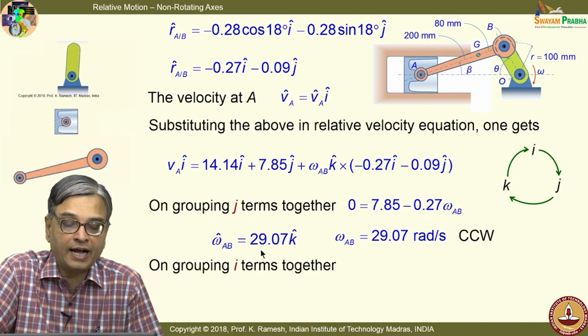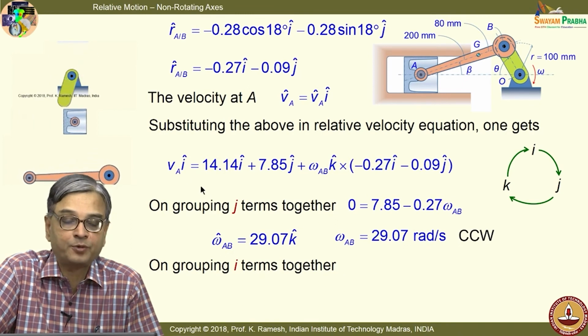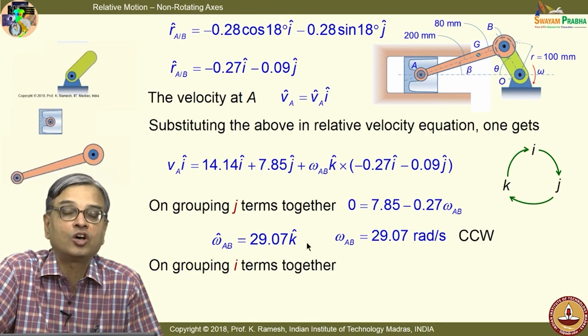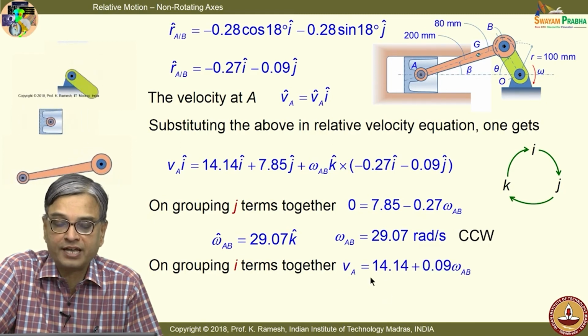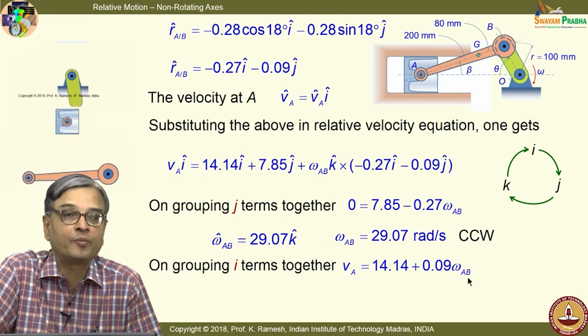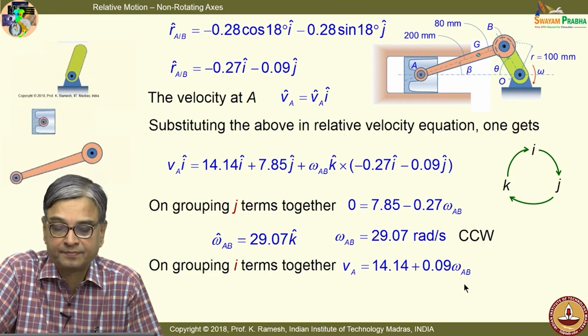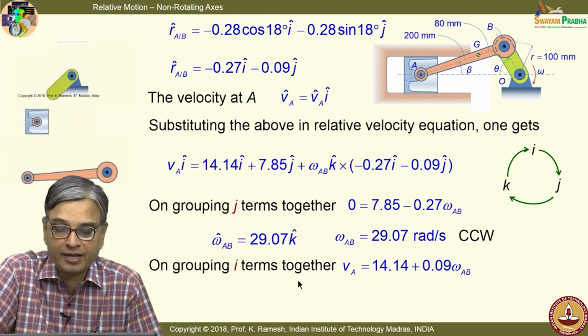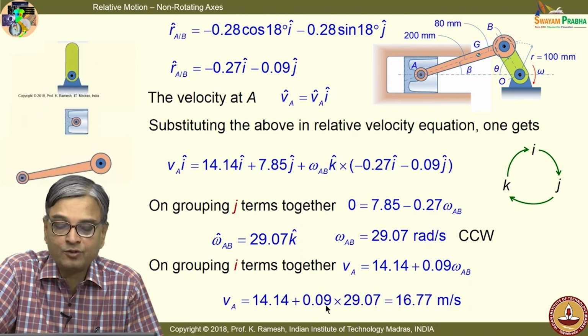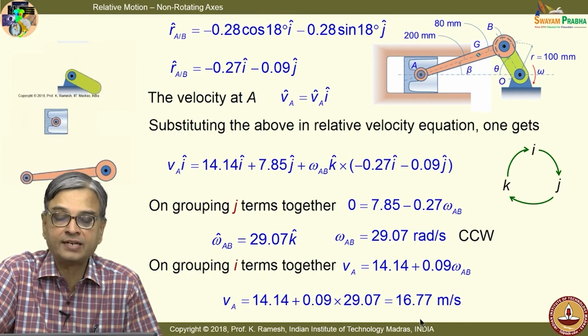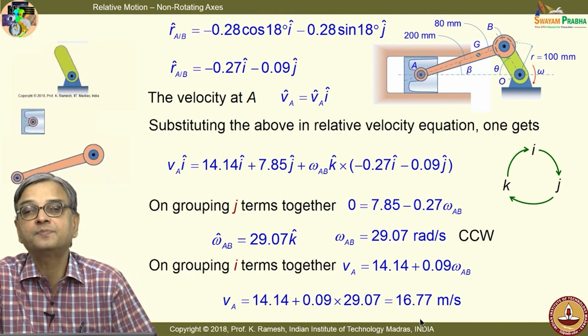And on grouping i terms together, I am in a position to get the velocity A. I get velocity A equal to 14.14 plus 0.09 omega AB. We have already determined omega AB. On substitution, I get the value as 16.77 meters per second.